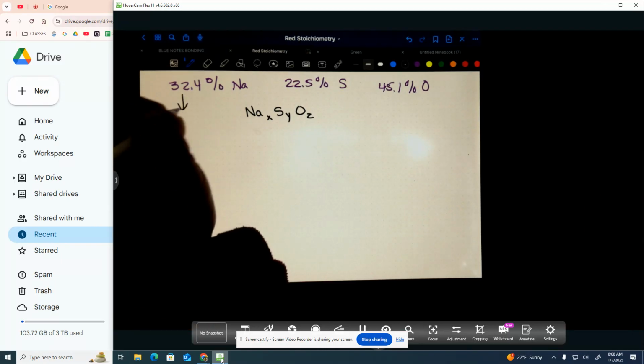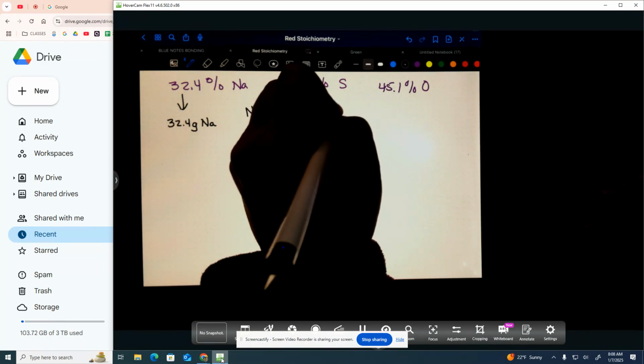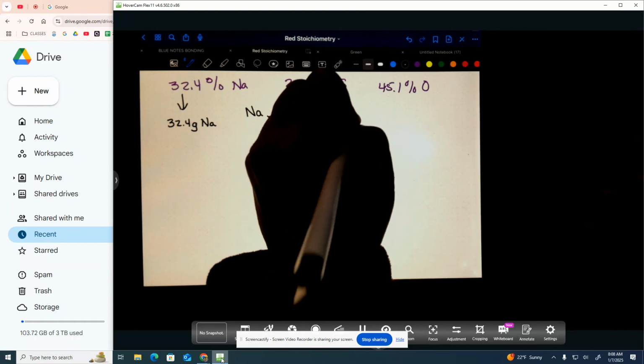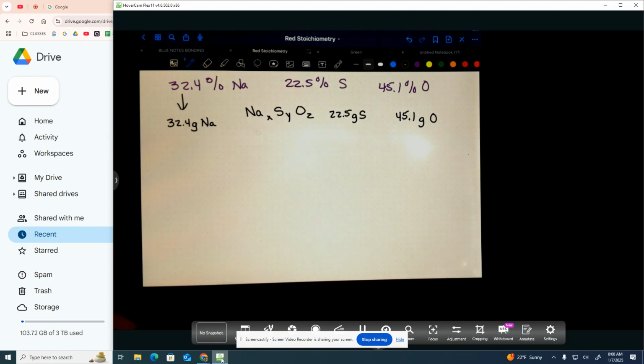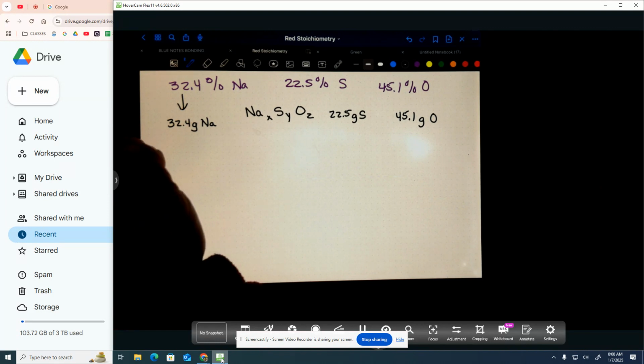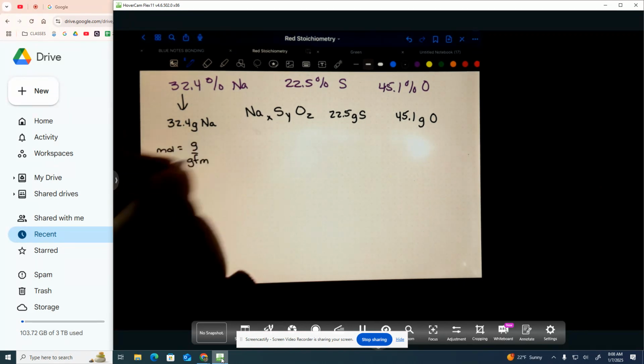Let's change these guys to grams. 32.4 grams of sodium. We got 22.5 grams of sulfur and 45.1 grams of oxygen. Now we're going to change them to moles. Christina, you with us? Okay. Moles equals grams over gram formula mass.